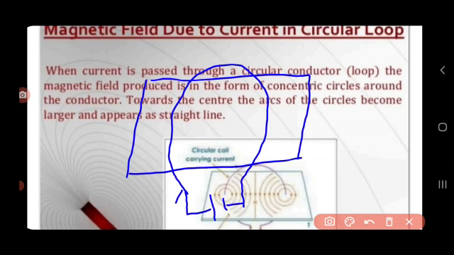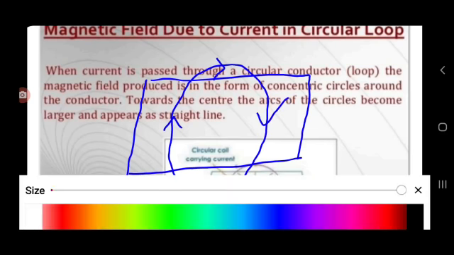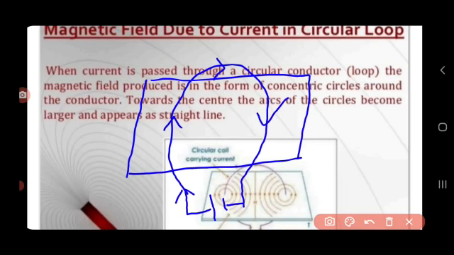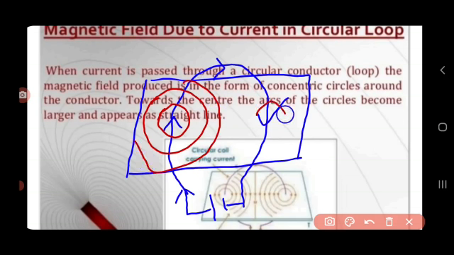Now, the direction of the magnetic field can also be found out by using right hand thumb rule or right hand grip rule. Say in the first part of the wire, current is moving in the upward direction, so we have to point our thumb in the upward direction, and curling of fingers should be anti-clockwise, and that gives you the direction of the magnetic field in this part.